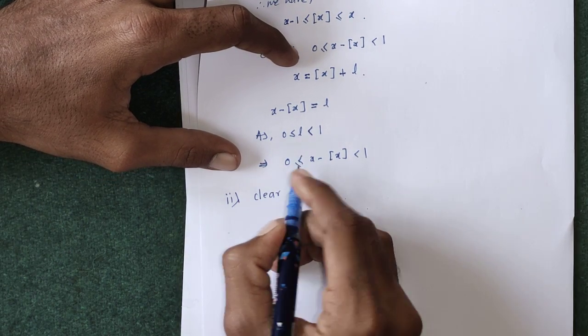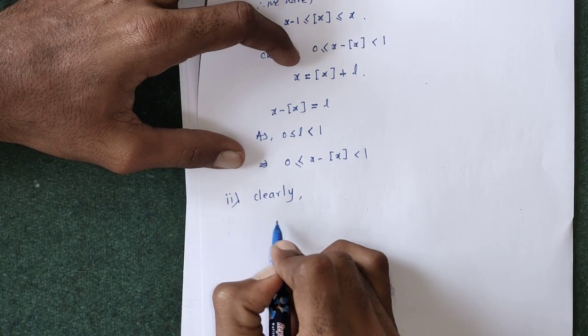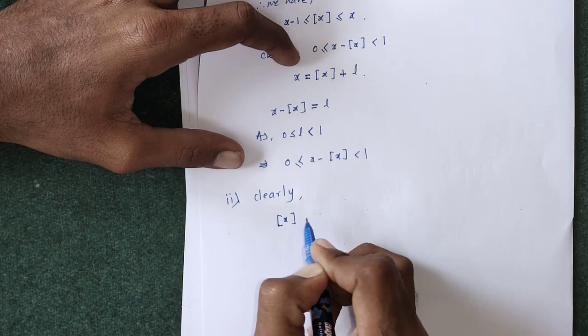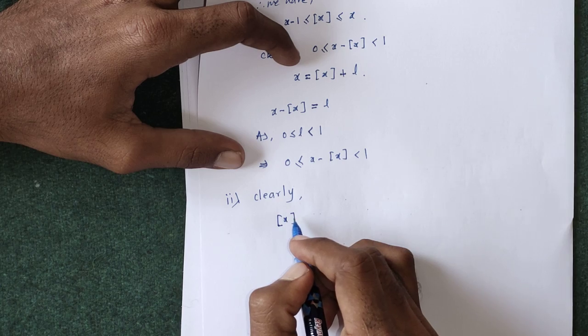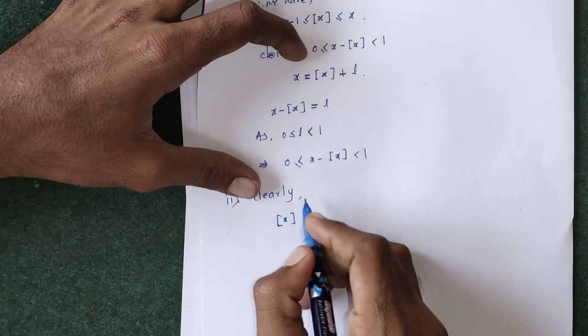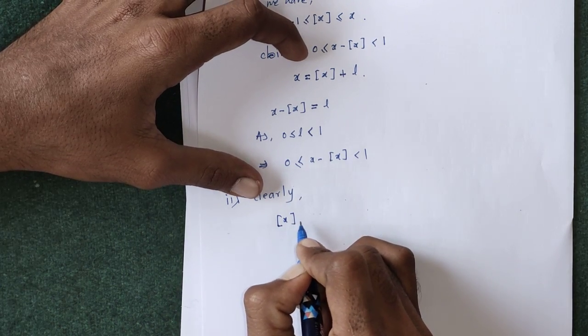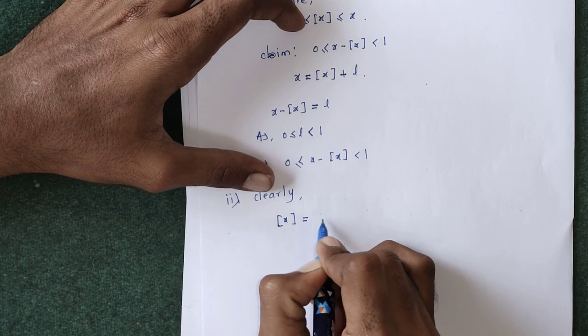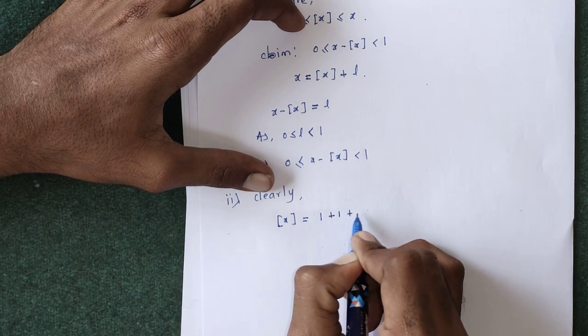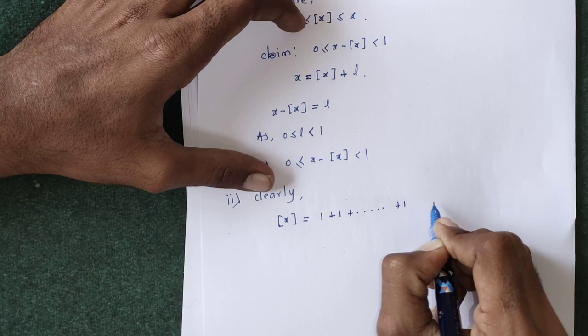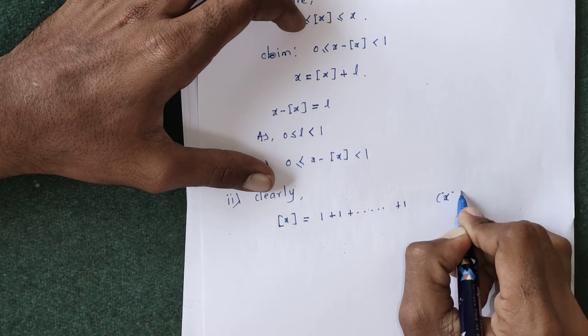just an obvious result. Clearly integral part of x is x, which is the greatest integer less than or equal to x. So integral part of x is equal to 1 plus 1 plus 1 plus 1, this is x times.